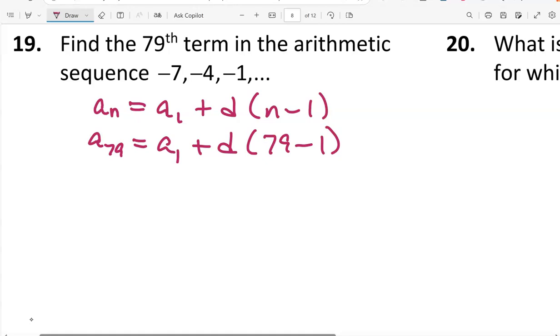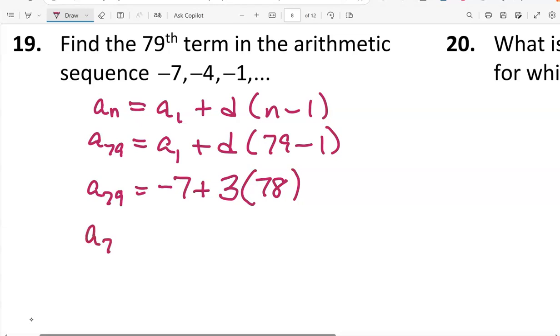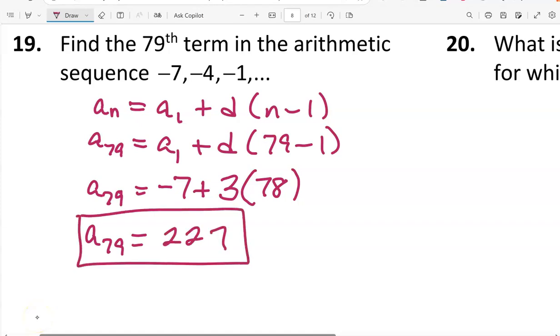And so a sub 79 is equal to the first term, which is negative 7, plus d, and d is positive 3, since negative 7 plus 3 is negative 4, and 79 minus 1 is 78. So a sub 79, or the 79th term, is equal to 3 times 78 plus negative 7, which is 227. So the 79th term is 227.